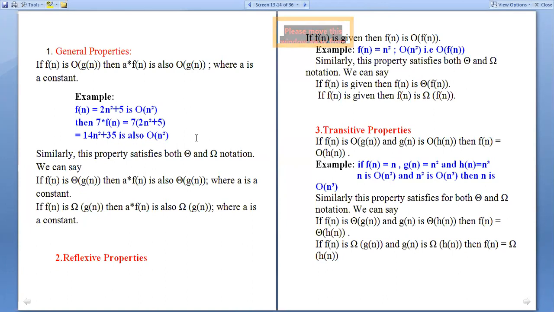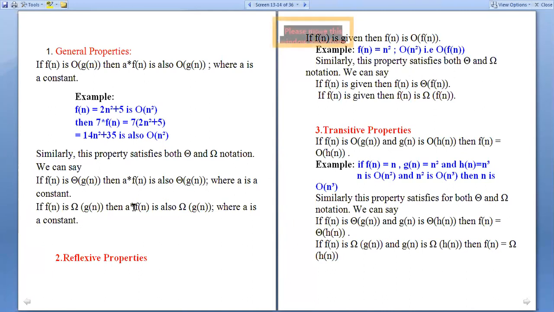So if f of n is theta of g of n, then a star f of n is also theta of g of n, same relation, where a is a constant. So no change. Suppose f of n is big omega of g of n, then a star f of n is also omega of g of n, where a is a constant. So that is about the general properties.